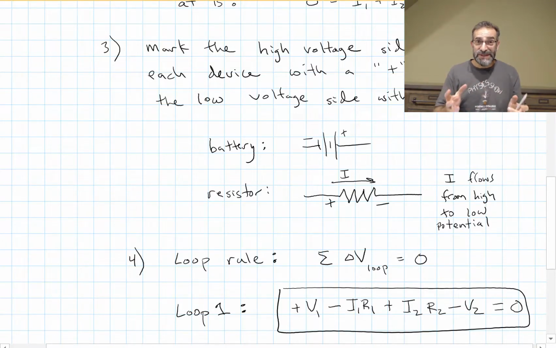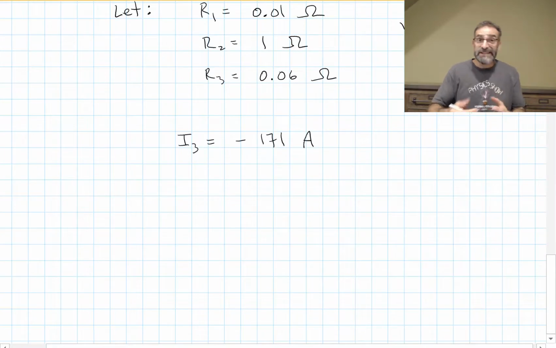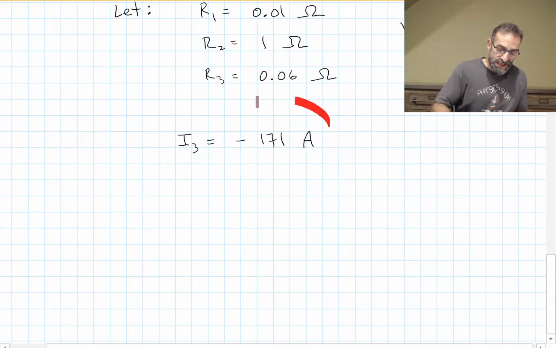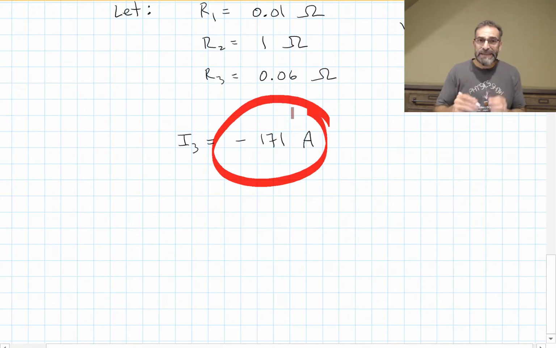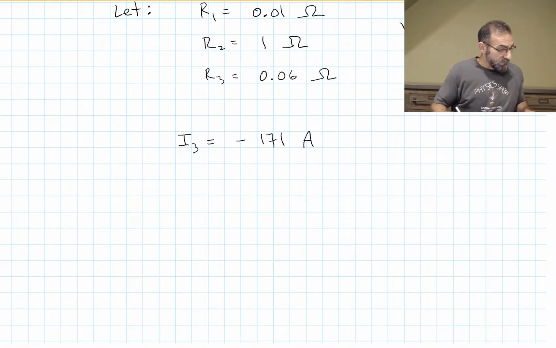But all of those equations are based on that. So now, when I go back and plug in I3 into my next equation to solve for I2, I plug in negative 171. I keep that negative sign and keep using that until I'm all done finding all my currents.